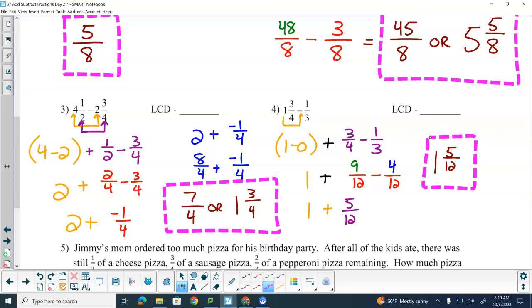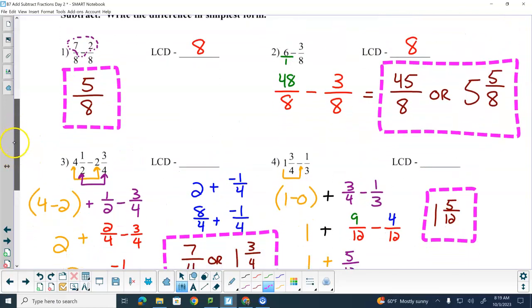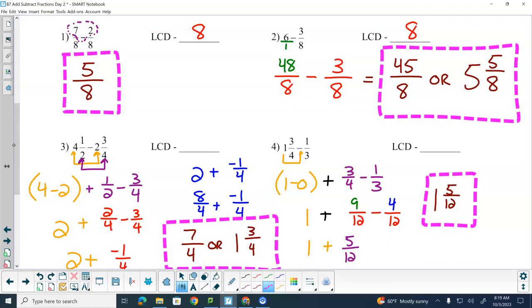What's another way to do the same problem? You guys have done it already today. What's another way to do these problems, especially ones when you've got mixed numbers?